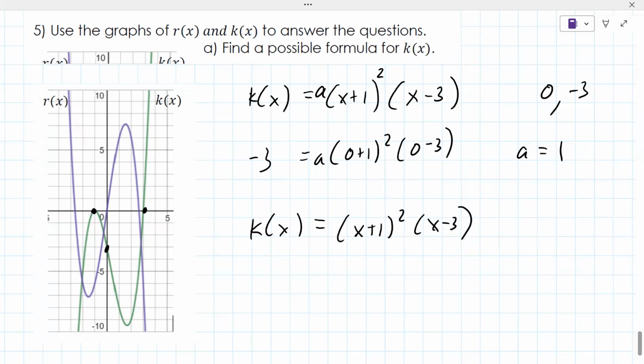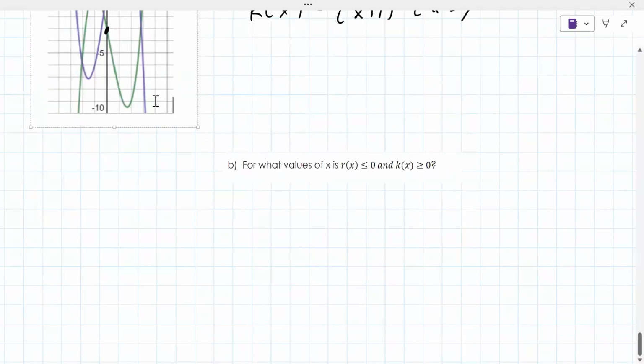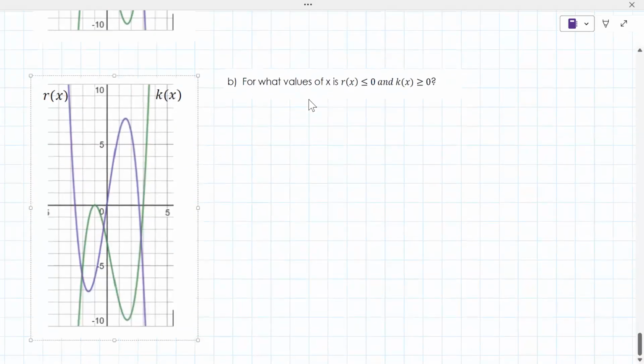Now the next question, B, is pretty heavily influenced by the graph. Just looking at the graph, it doesn't have anything to do with the functions. I can grab the graph again. So R of x is below the x-axis, so you want to highlight where it's below. And then K of x is above the x-axis, well, actually, and equal to.